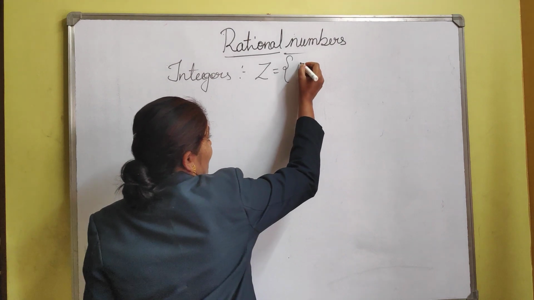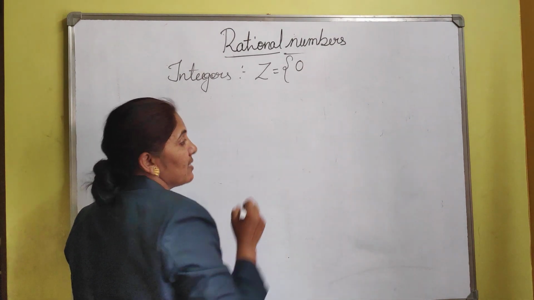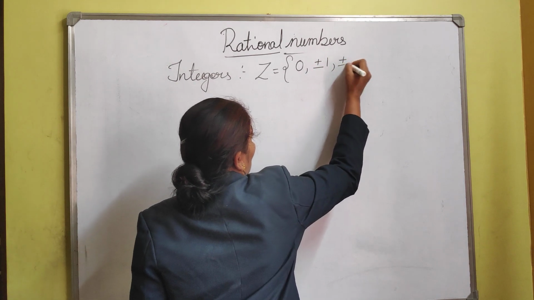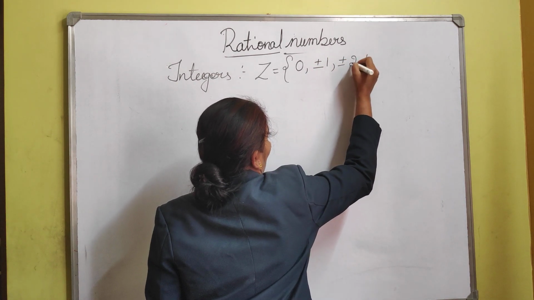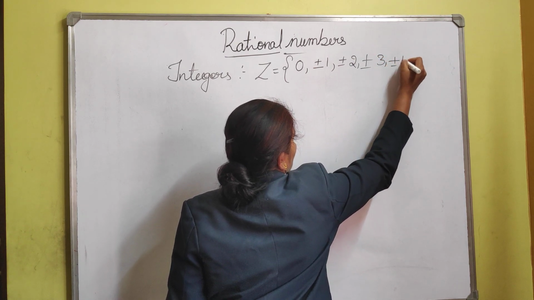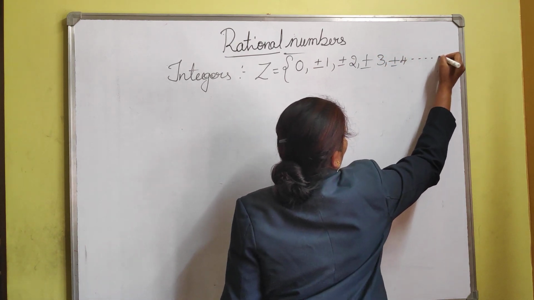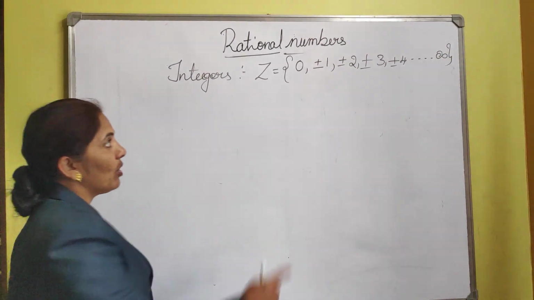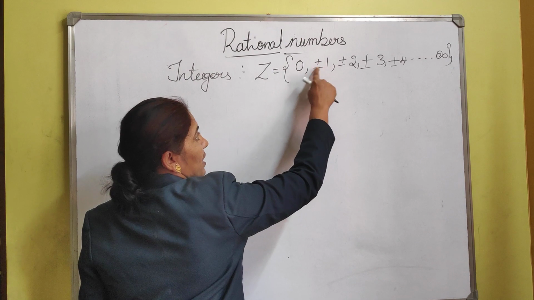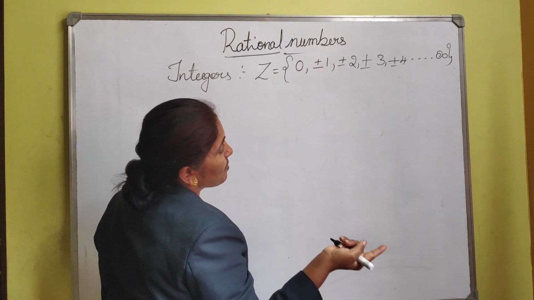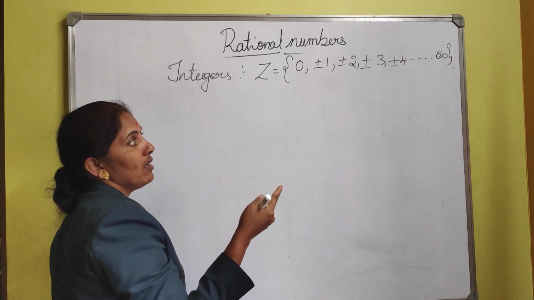I will write it in the simplest way as 0, plus or minus 1, plus or minus 2, plus or minus 3, plus or minus 4, and so on. It is still infinity. So what does it tell you? 1 may be positive or negative, and again 2 may be positive or negative.